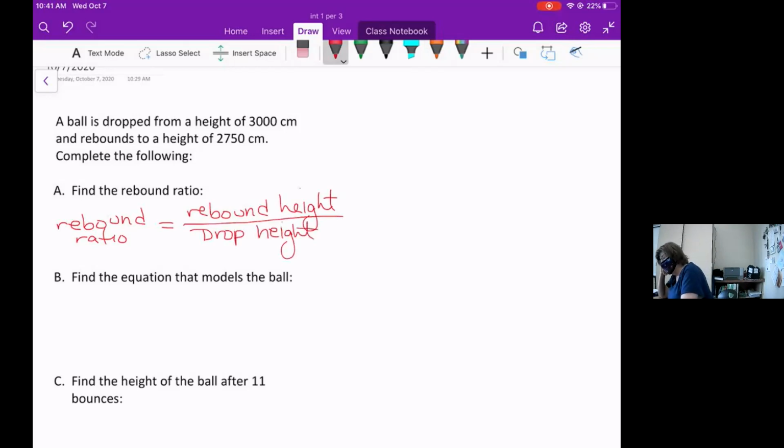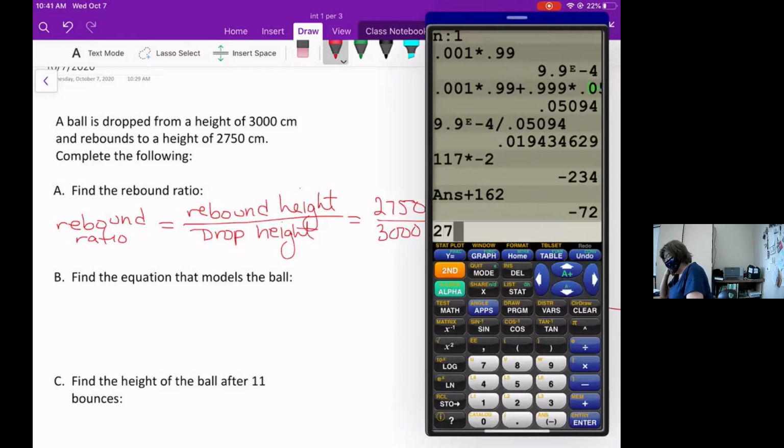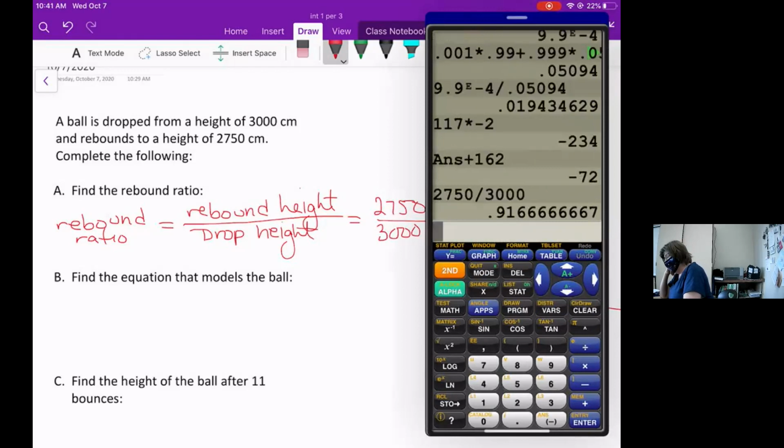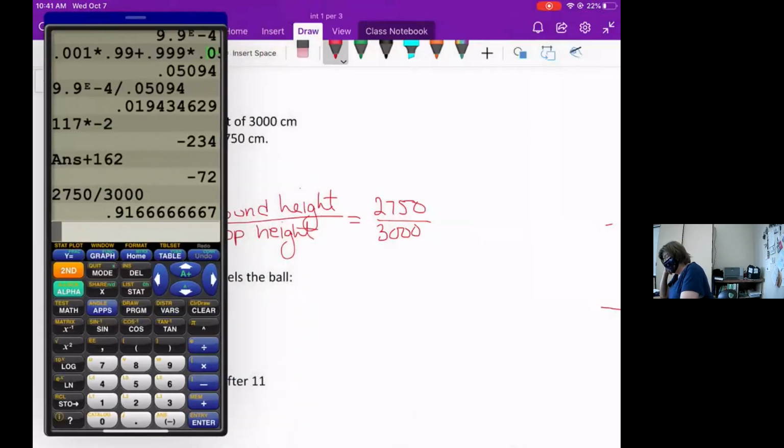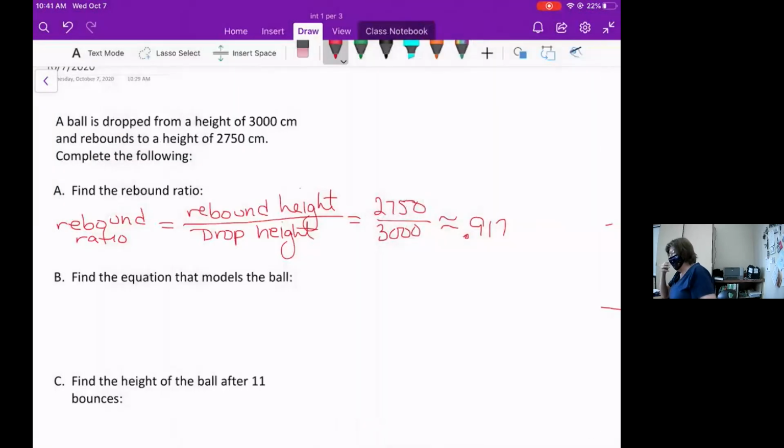So for our ball here, that's 2,750 over 3,000. And I'm going to use a calculator to get that decimal. So it's approximately 0.917. Okay, so it rebounds about 0.917 from where it was originally.